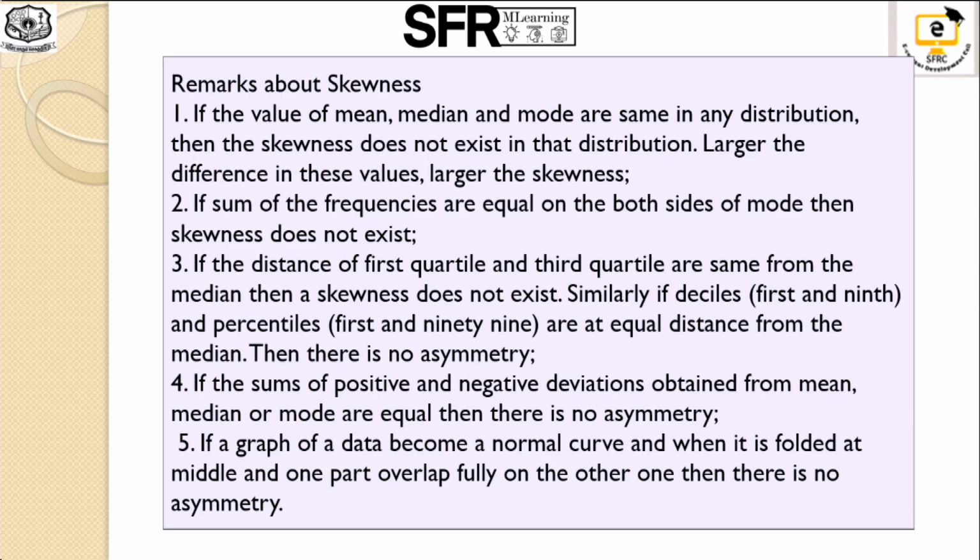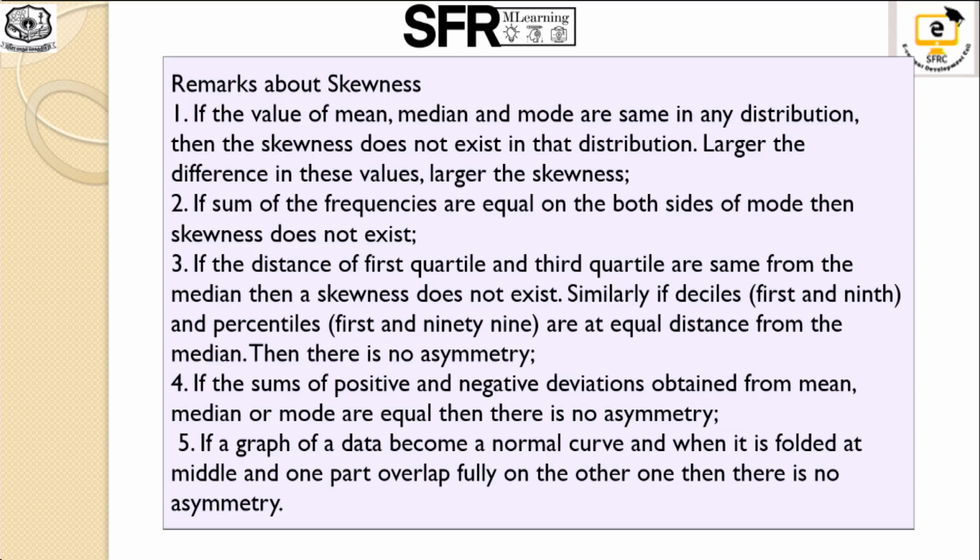If the mean, median and mode have different values, that is the mean is not equal to the median and not equal to the mode, then the larger the difference, the larger the skewness.